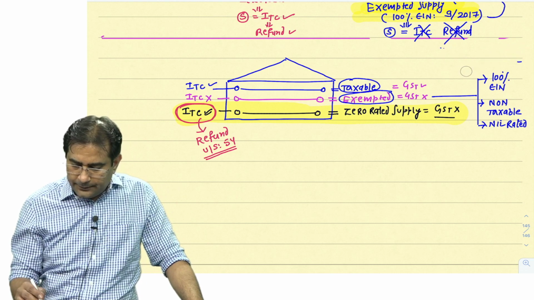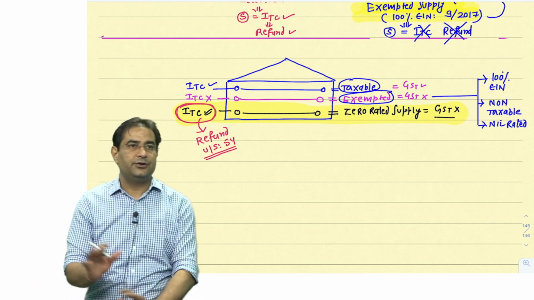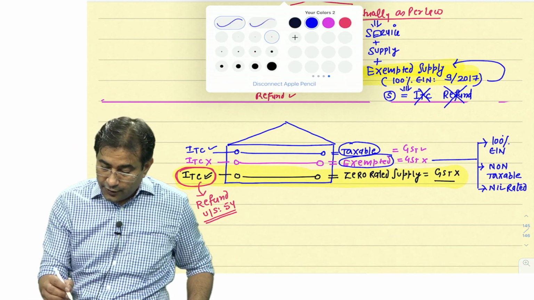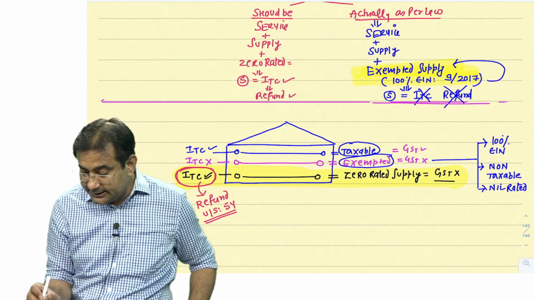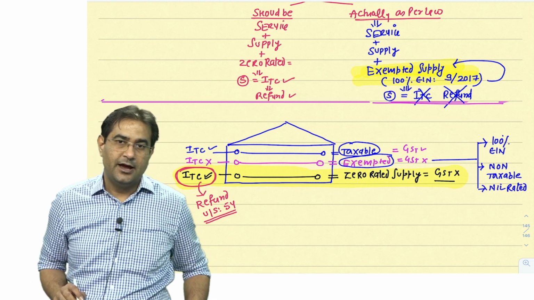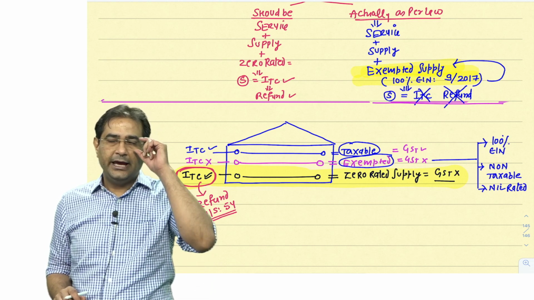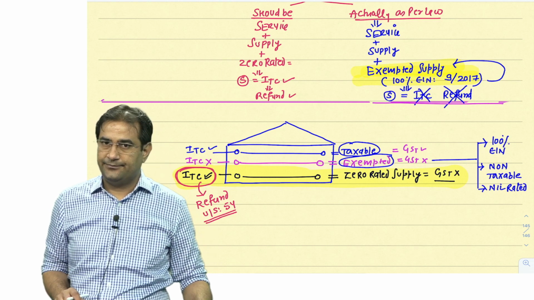Earlier the position was no ITC, no refund, but later on the government inserted an explanation in the refund chapter.